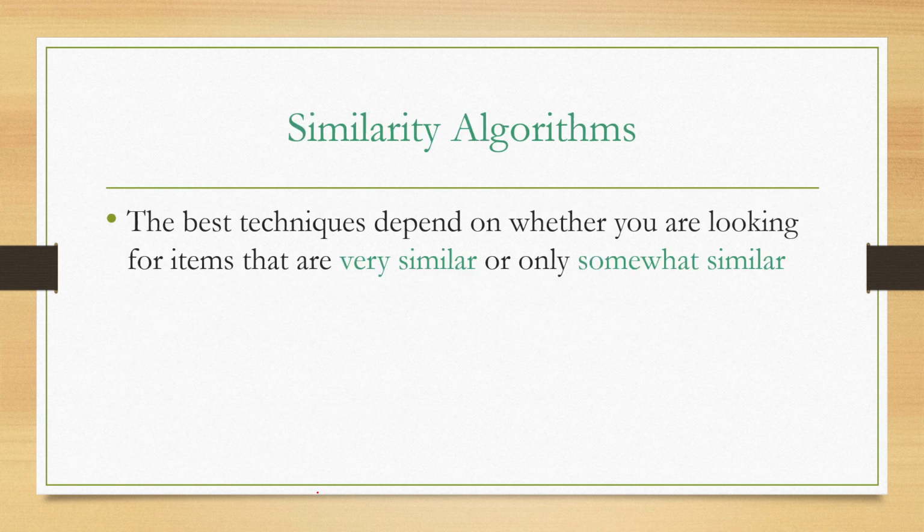So what do these similarity algorithms do? They mostly try to find out items that are very similar, or probably just find out somewhat similar documents. So we will be talking about the second parameter here, which is somewhat similar.